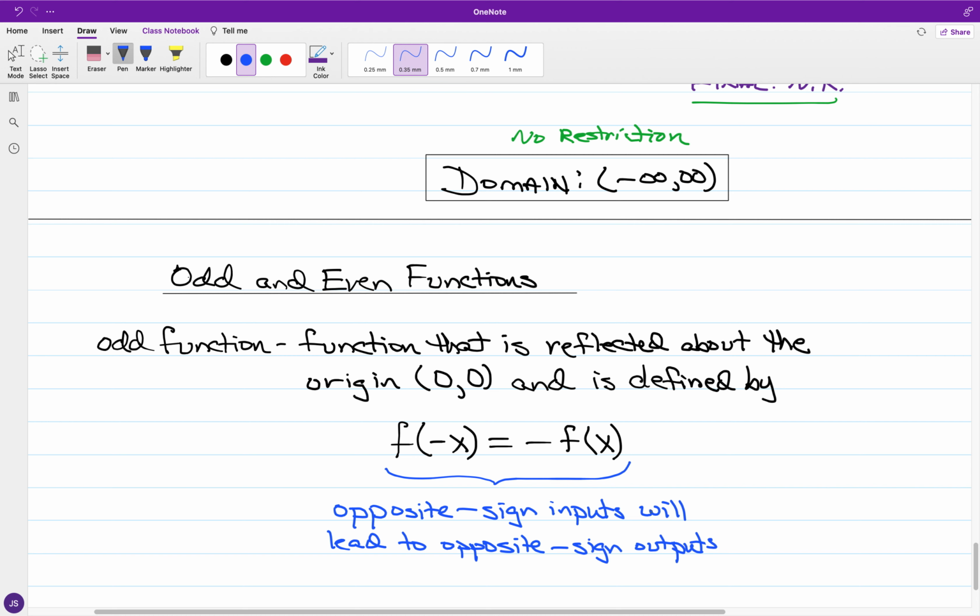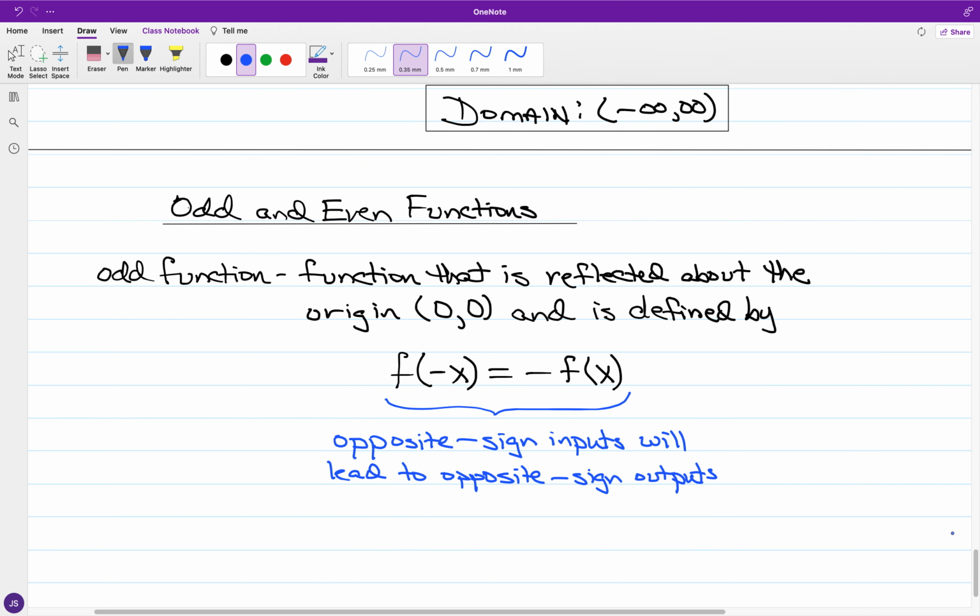And for what we have in the case of an odd function, we can say that we have something along the lines of where f of x is equal to x cubed plus 2x.